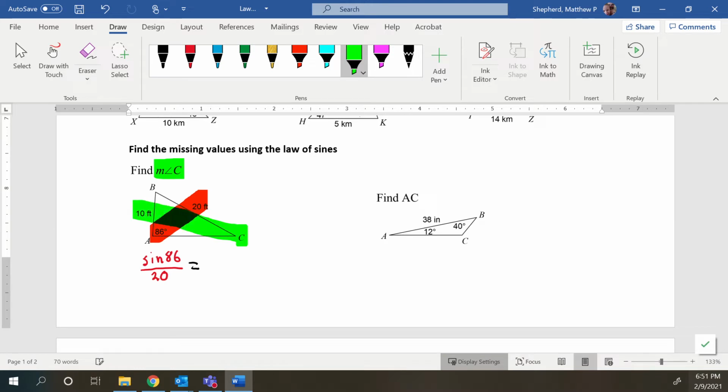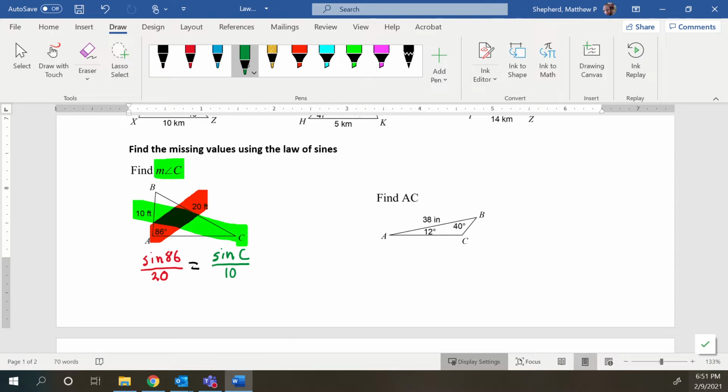Now if I go straight across, I see that its opposite side is a 10. So this would create on this side sine of C divided by its opposite side, which is a 10. Right here, I've now set up my law of sines by mixing opposite angles with their sides and dividing them.